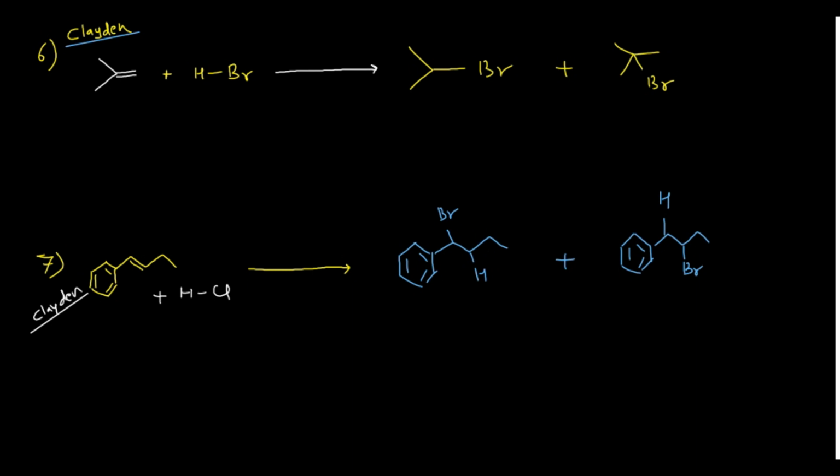Now again it is up to you to decide whether the reaction is regioselective or not, or only one will form. Again, this is homework for you, try to solve this particular problem and reply in the comment section if you get the answer. If you don't get the answer, then again you can reply, I'll answer there.